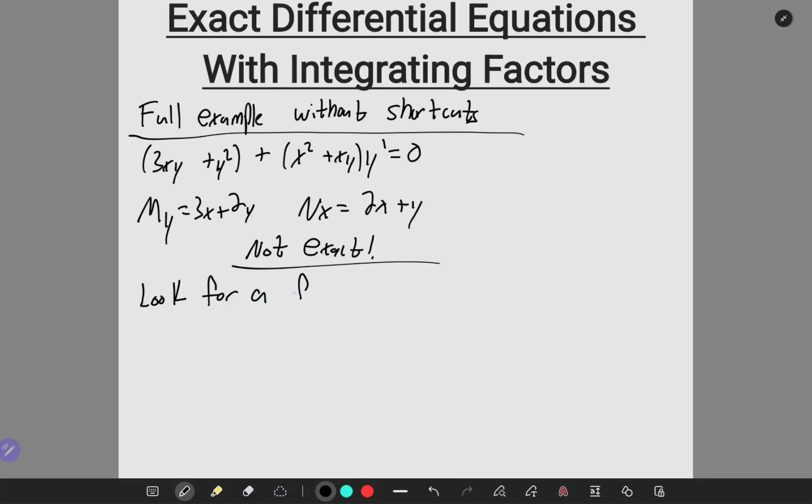So we're going to look for a function mu such that mu times (M plus N y prime) is equal to 0. Then it is exact.